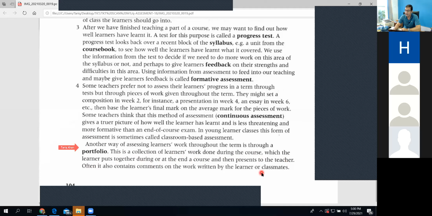And here in our South Asian style, we don't have that, but in the Western one, they have. Portfolios are important. You have to put up your portfolio with that, and that is part of the assessment. It has to be done, and the whole year's work is there. The student is keeping the record of it. Often it also contains comments on the work written by the learners or classmates.